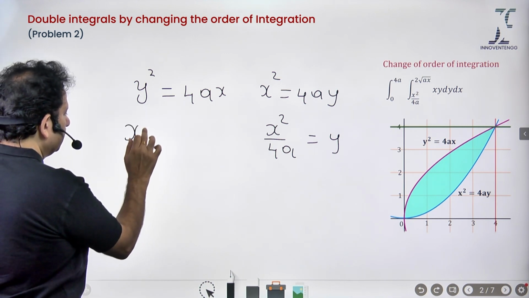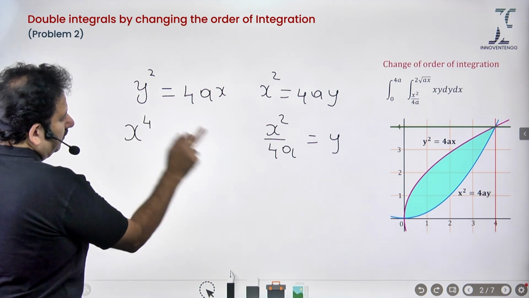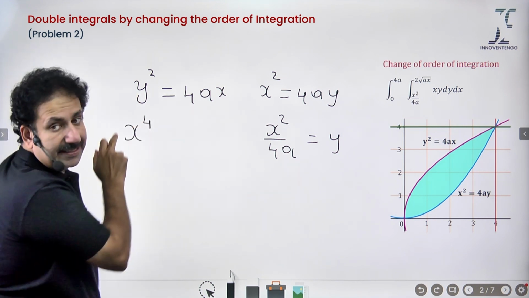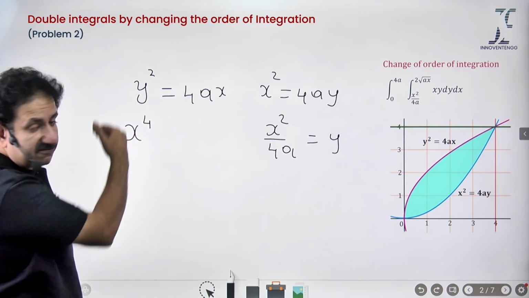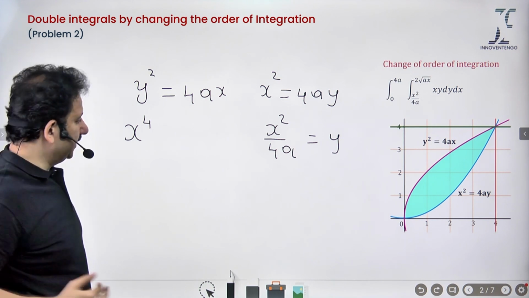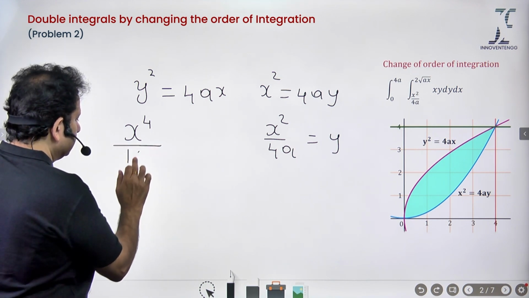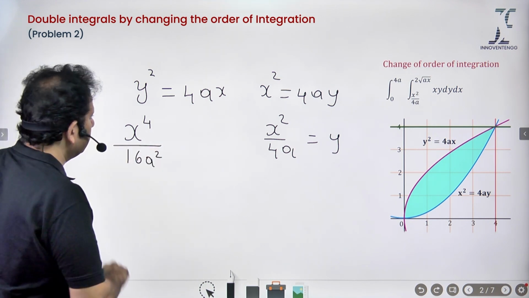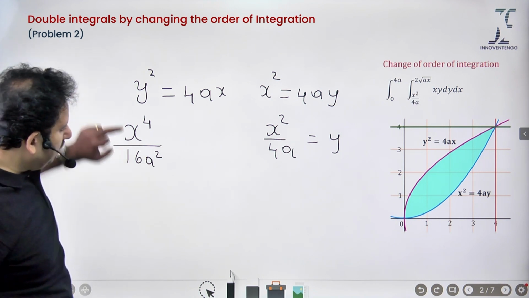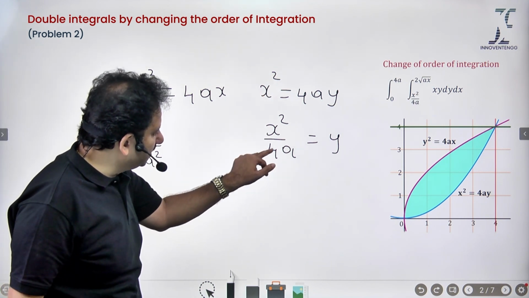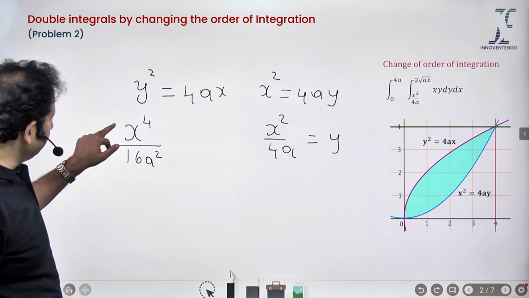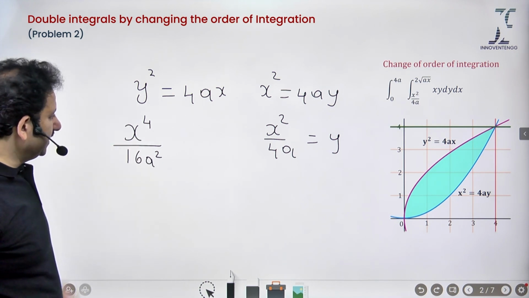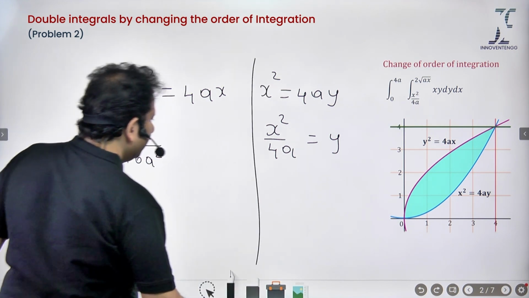So that simply becomes x power 4 by 16a square, because x square by 4a I'm plugging over here, so it is getting squared further. Why 16a square? Because I'm having y square here. The y definition from this is x square by 4a. When I plug it over here, it becomes x power 4 by 16a square, right?